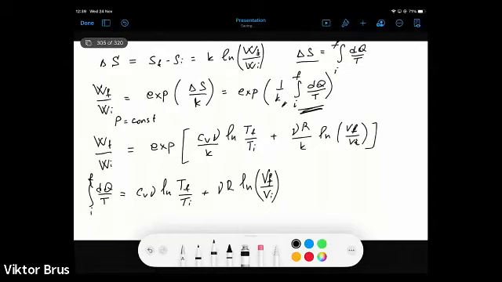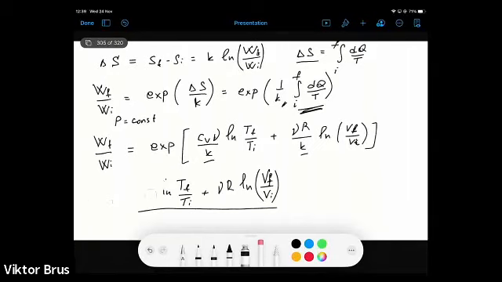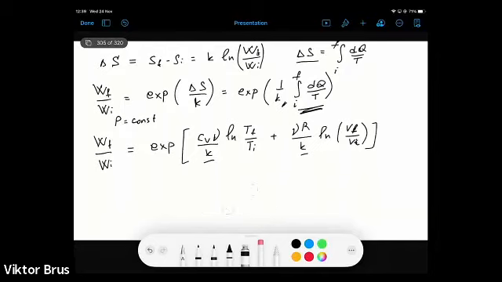That we have shown for the isobaric process. Now we have just an additional K in the denominator. And that's all. So that's where we got this expression for the integral which defines the change of entropy.